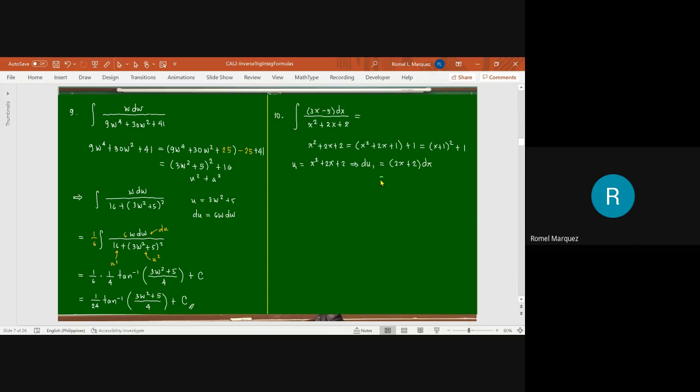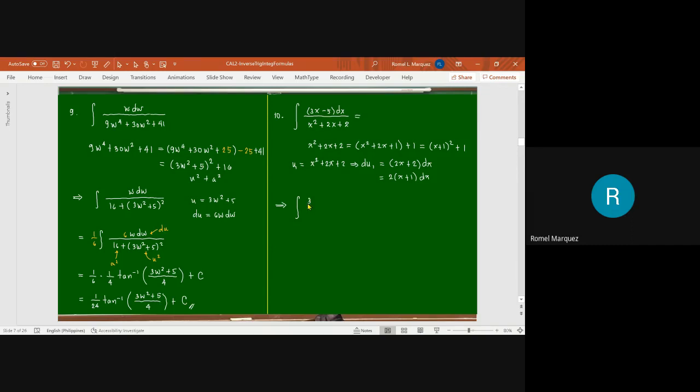In factored form, 2x plus 1 quantity dx. So I need to produce this quantity in the numerator. Then split. Ayan. So the integral can be written integral of the numerator.